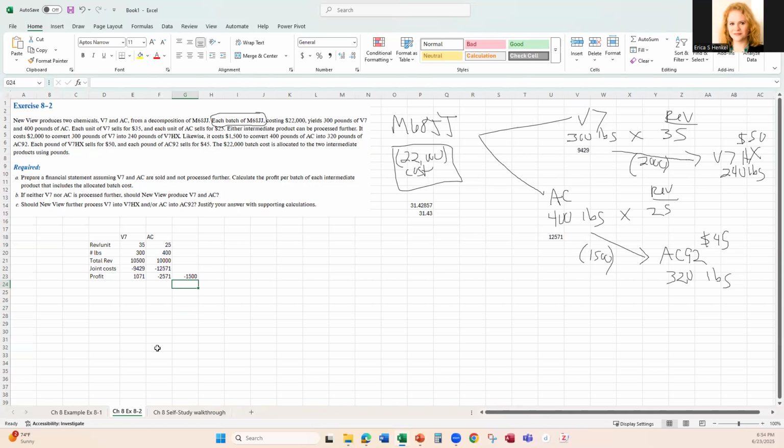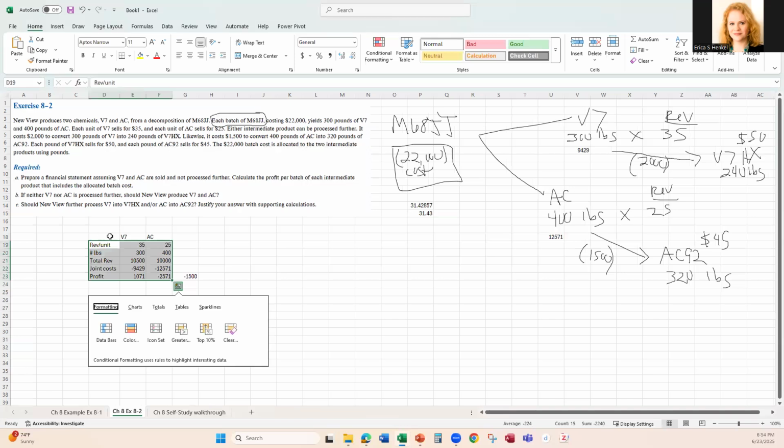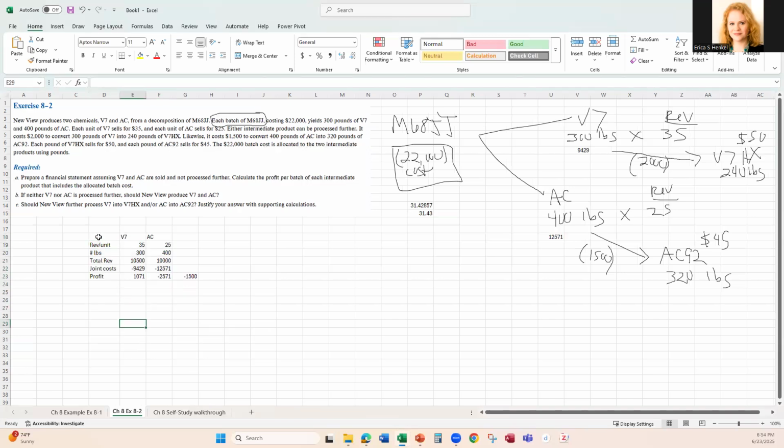Now let's see what happens for each of these if we were to process them further. I'm just going to take this format right here and copy it down, then adjust it for the revised items. So HX is going to be $50 per unit, and it makes 240 units there.